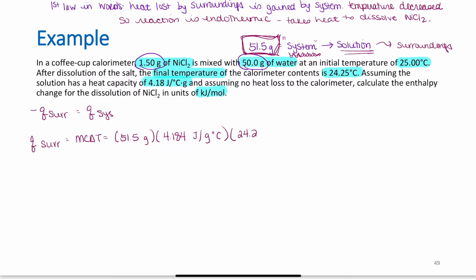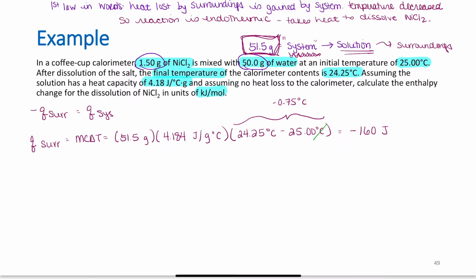Our final temperature is 24.25 degrees C. Our initial temperature is 25 degrees C. Because the temperature decreased, I know it's an endothermic reaction. The change in temperature here is negative 0.75 degrees C. This gives me negative 160 joules.